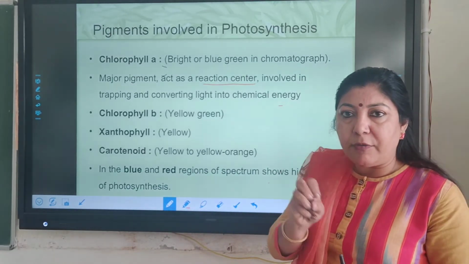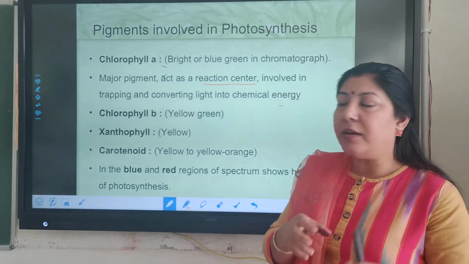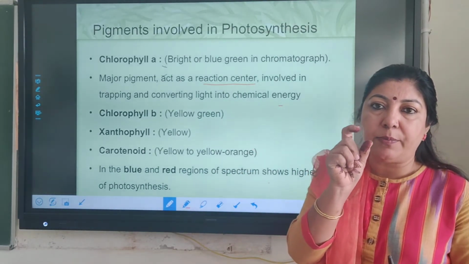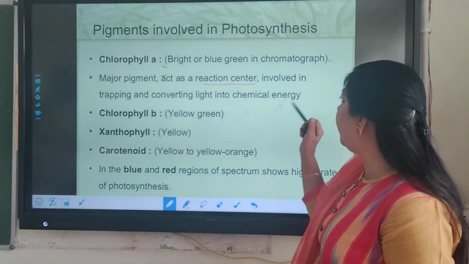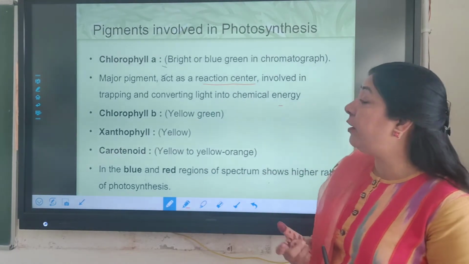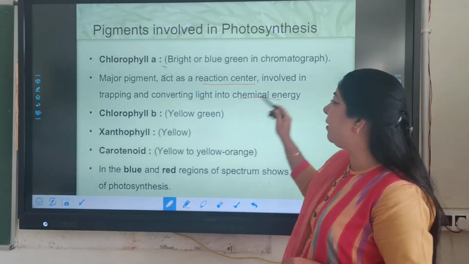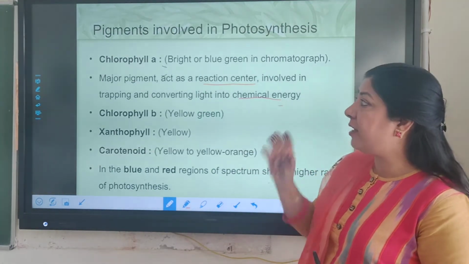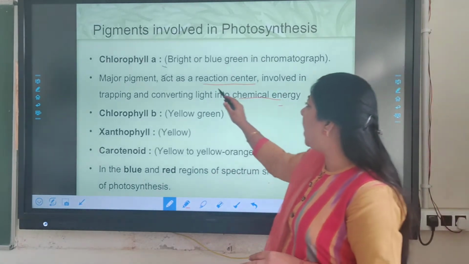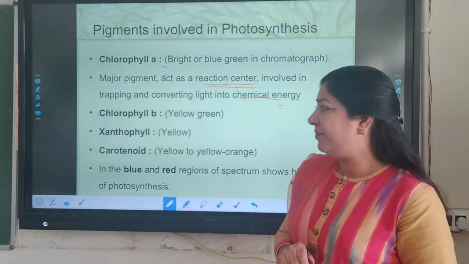Because all the different pigments will pass on their energy to one particular center, that is called the reaction center, which will trap light energy and convert it into chemical energy. So that is done by chlorophyll A. Reaction center will always be a molecule of chlorophyll A.